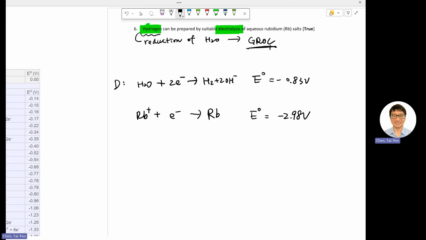Therefore, you know the species that is going to be electrolyzed and then show up on your cathode will be your H2. So the answer will be yes, that is true. You are going to see the H2 formed when you do the electrolysis of aqueous rubidium salt.